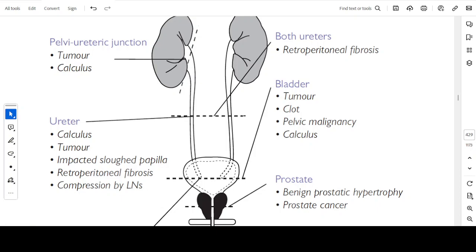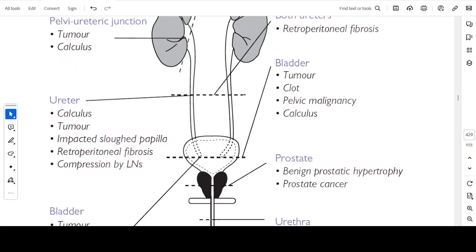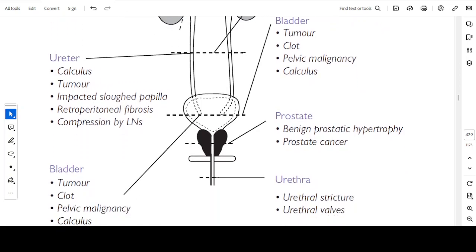If both ureters are involved, it is retroperitoneal fibrosis. Bladder causes like a tumor in the bladder, a clot, or a pelvic malignancy compressing the bladder outflow can cause obstruction on both sides, or a calculus obstructing anywhere down beyond the ureters.